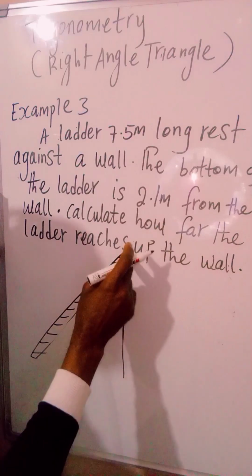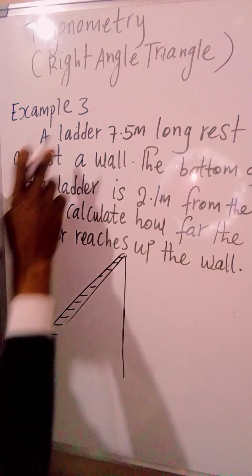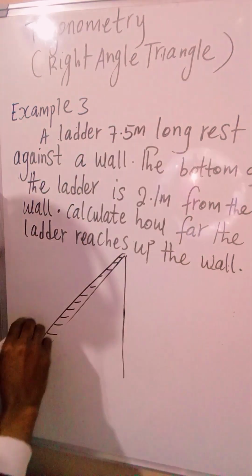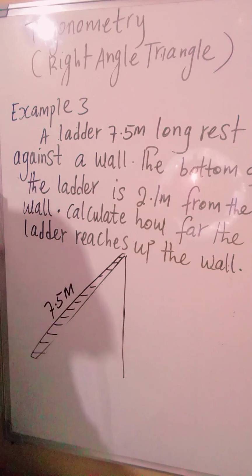So if this is the wall and this is the ladder, now it was said a ladder of 7.5 meter. In other words, this ladder is going to be 7.5 meter.